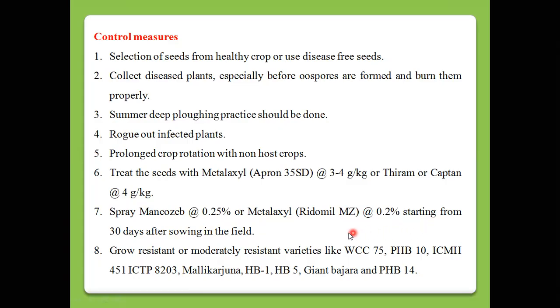These sprays should be done starting from 30 days after sowing in the field, because this infection is majorly seen in the seedling stage also. So avoid this infection at the seedling stage. The first spray should be done 30 days after sowing in bajra fields.